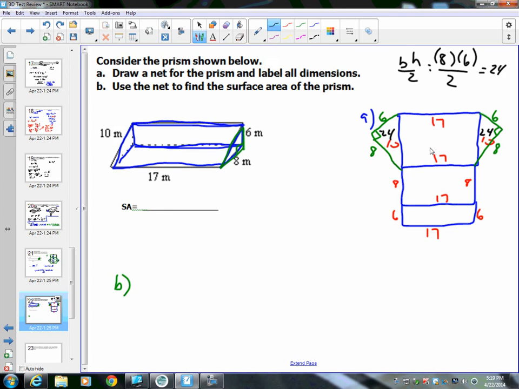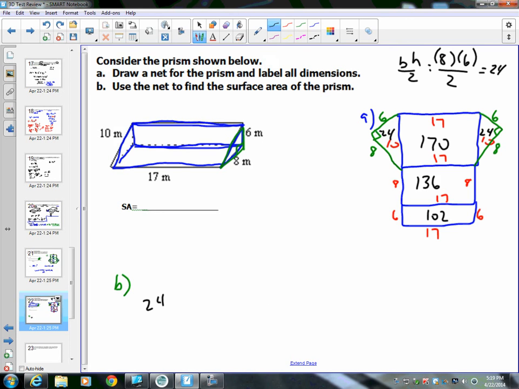Then we have 3 rectangles. The base being 17, the height being 10, so 17 times 10 is 170. Then the middle rectangle, this is base 17, height 8. 17 times 8 is 136. Then the smallest rectangle, base 17, height 6, area 102. So we're going to add all those numbers up.